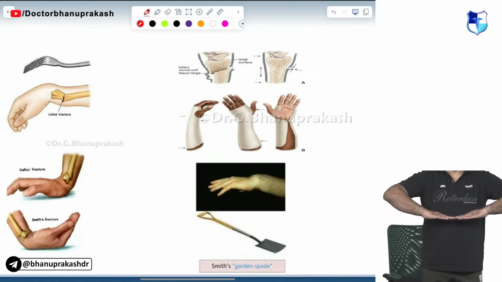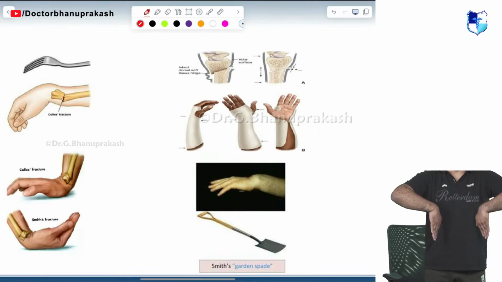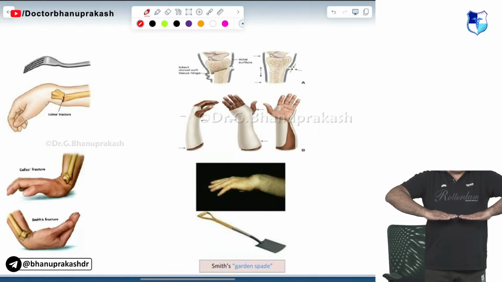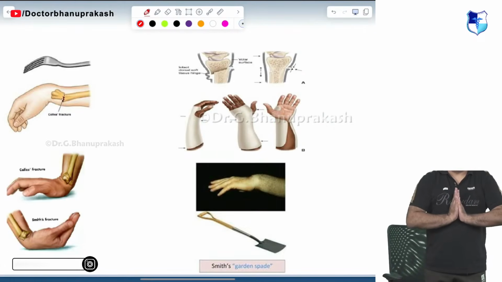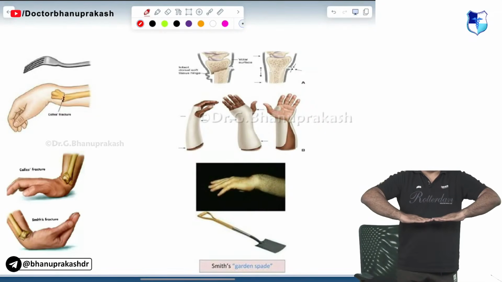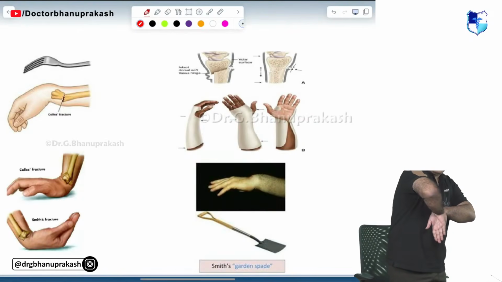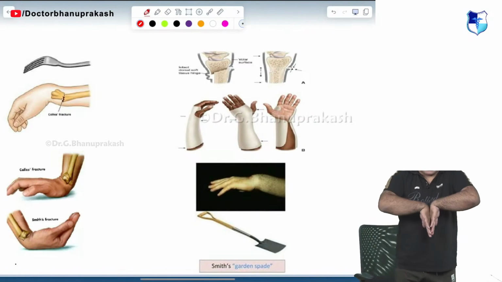Now see my hand, neutral position at the wrist. If I do like this, this is flexion. Neutral. If I do like this, this is extension. Very quickly: neutral, flexion, also called palmar flexion.